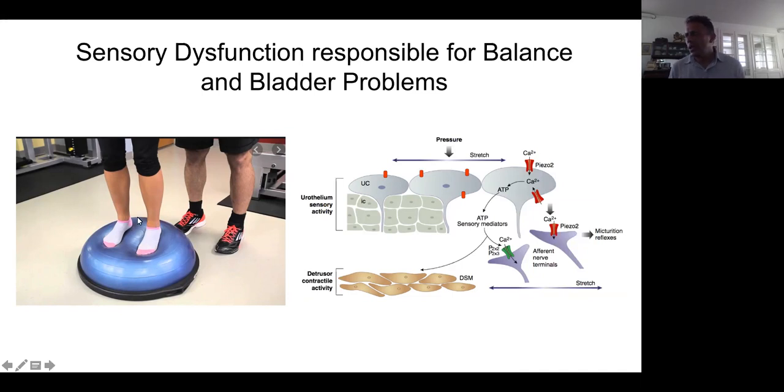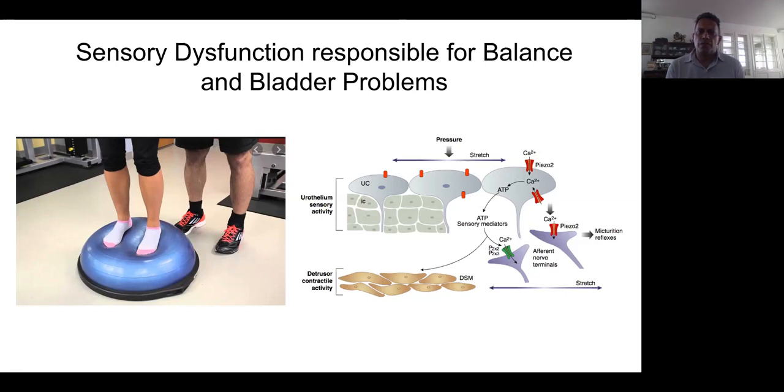So beyond the weakness and the tightness, you also have trouble getting the signals from the limbs up into the spinal cord and the brain. And your bladder is also affected by that sensory dysfunction.